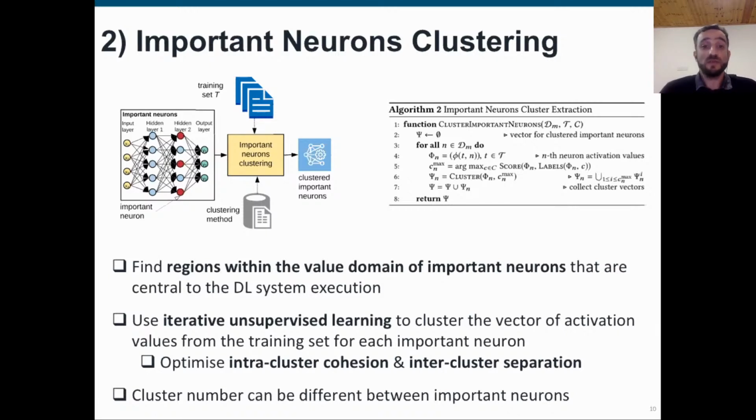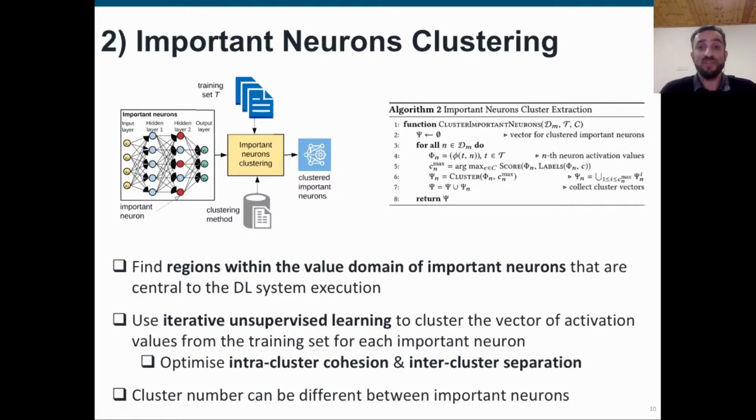In this paper, we used nearest neighbors instrumented with a silhouette score, but other techniques for clustering and internal validity or external validity scores and measures can be used in order to cluster the vector of activation values for the most important neurons into a finite set of clusters.